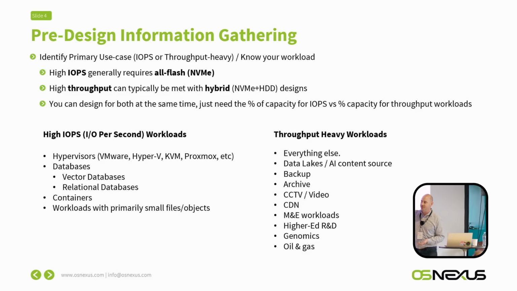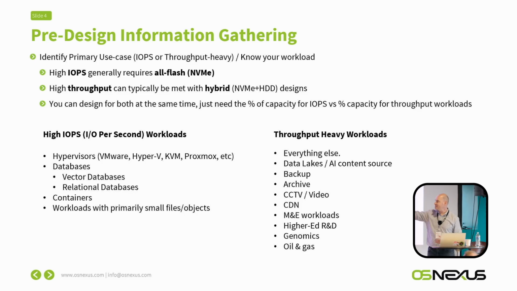That includes vector databases, which are heavily used in AI today, containers, virtual machines. Those are all high IOPS workloads, and so when we're figuring out how much storage we need, usually that's going to be all flash replica 3. That chunk we're going to set aside as, okay, that's for the high IOPS part of the workload, if not all of the workload. And then basically, throughput is everything else in the world.